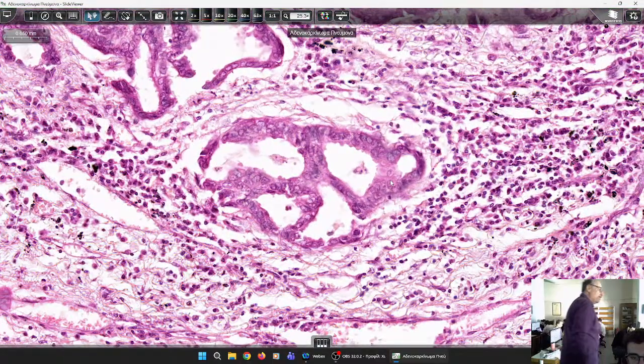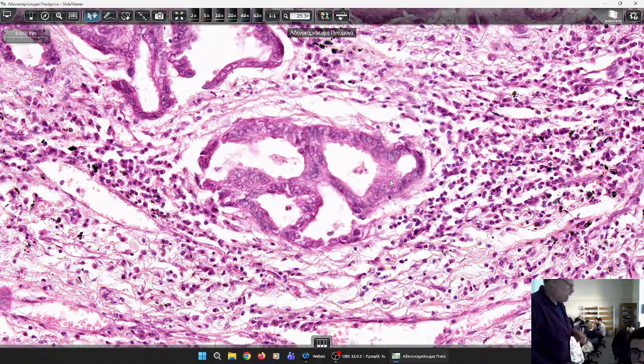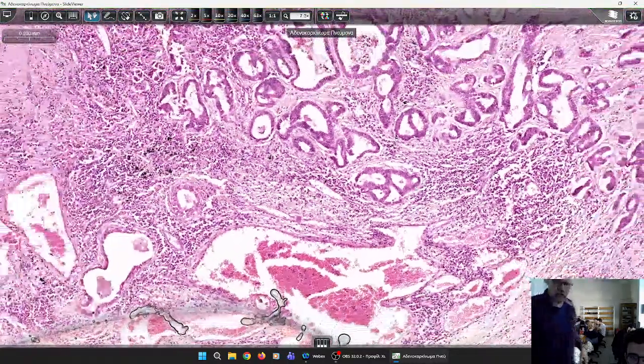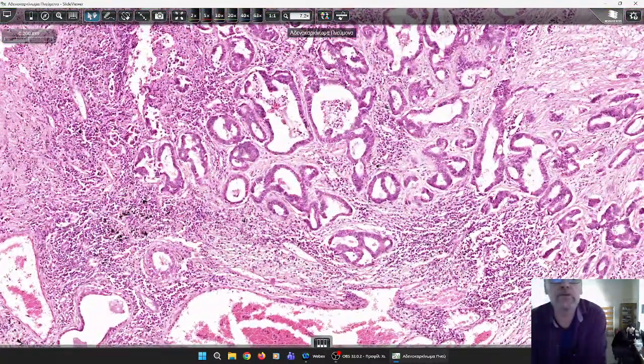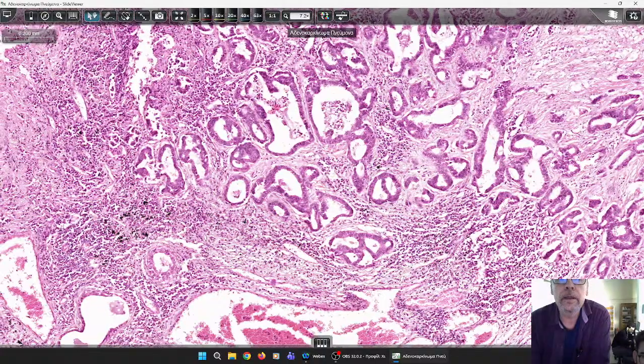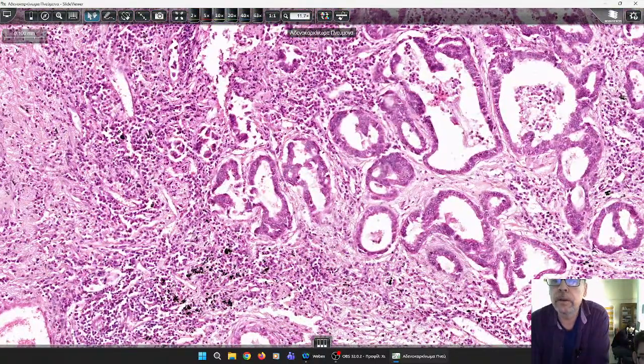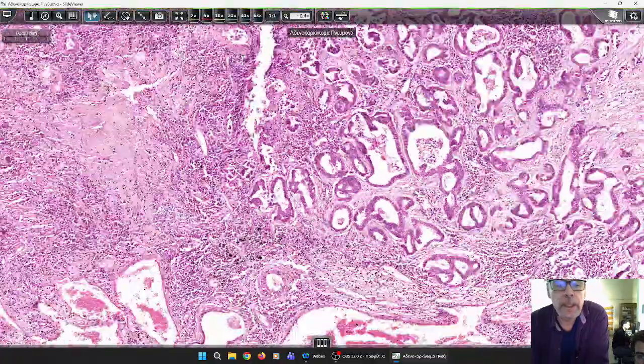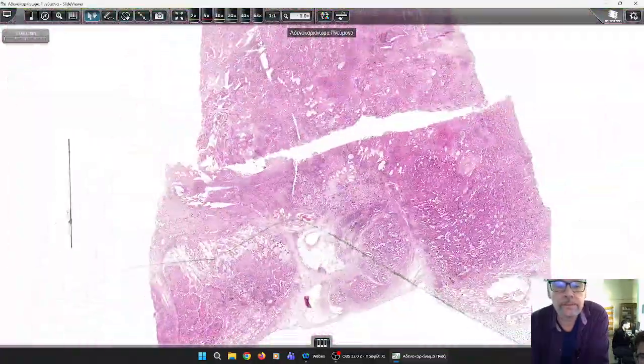This is indicative of intermediate, medium differentiation, grade 2 of the adenocarcinoma, cribriform structures. Like this one here. Another one here. You see this one? It's a cribriform.